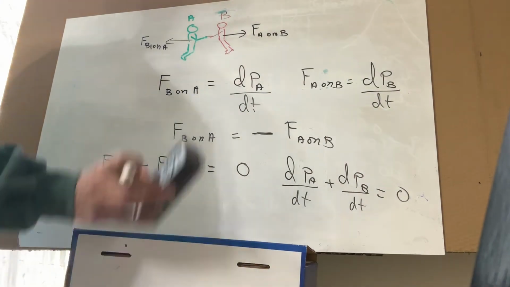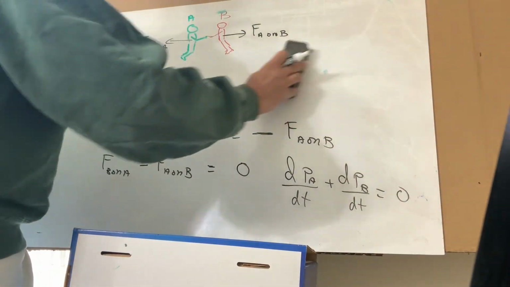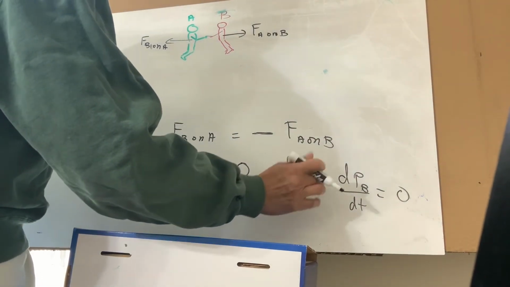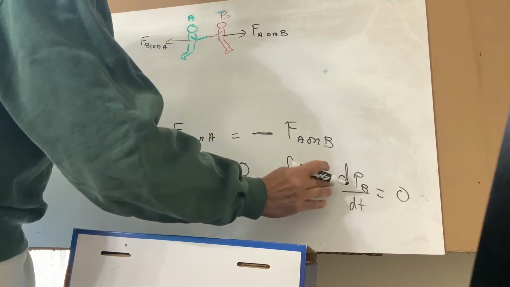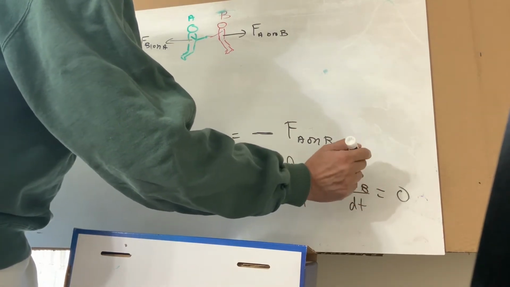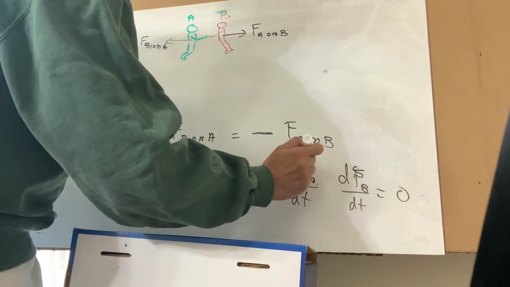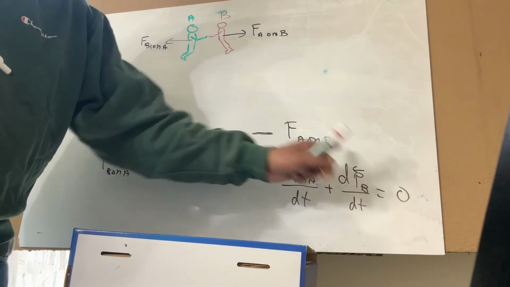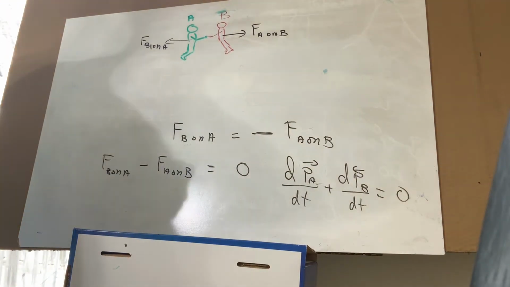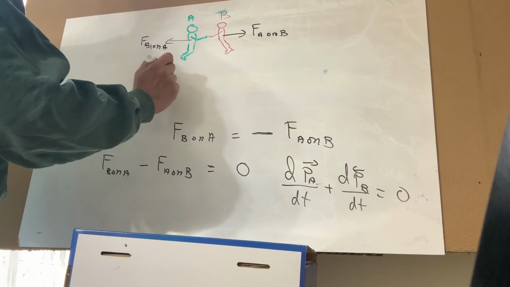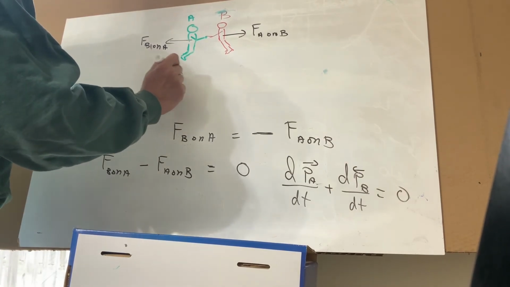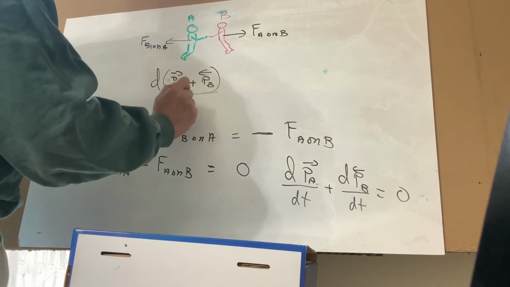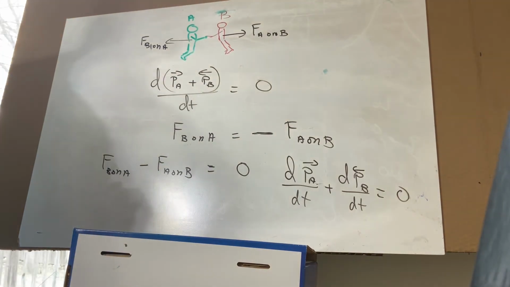And hence I can write, by the way, this is minus, but this will be pointed that way, so I can write it that way. This is pointed in the negative direction, this is pointed in the positive direction. So I can write the change in momentum of A and B with respect to time t is 0.